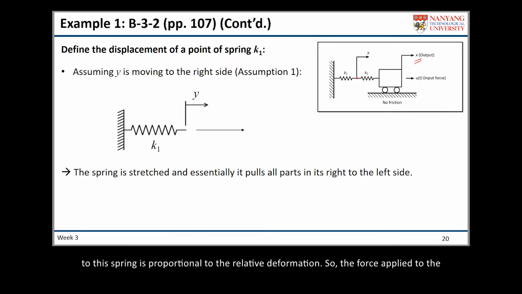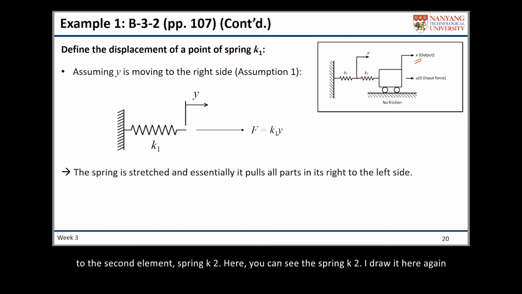So the force applied to the spring basically is equal to K1 times y, where K1 is the spring constant and y is the relative deformation. So our analysis of the first spring is finished here.